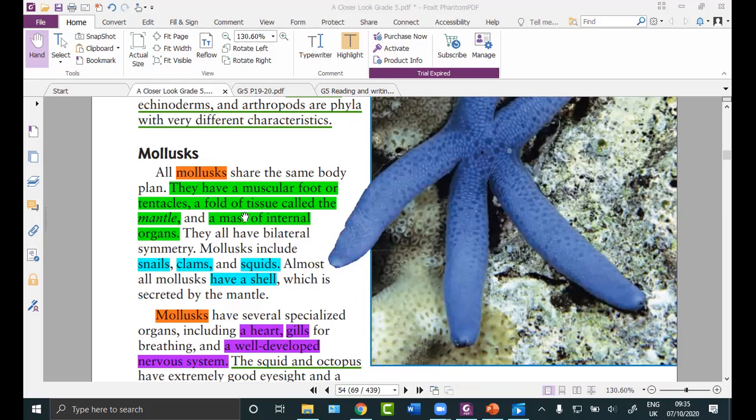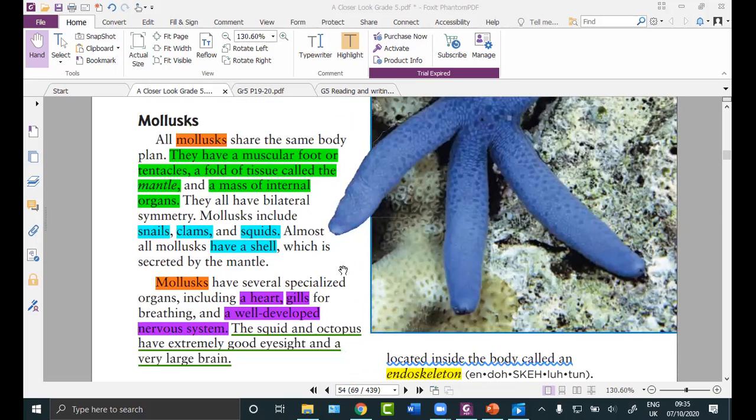I can read. I didn't hear anything. Maybe the mister is saying for you to read. Yeah, read. Mollusks share the same body plan. Maybe he's saying the second one.